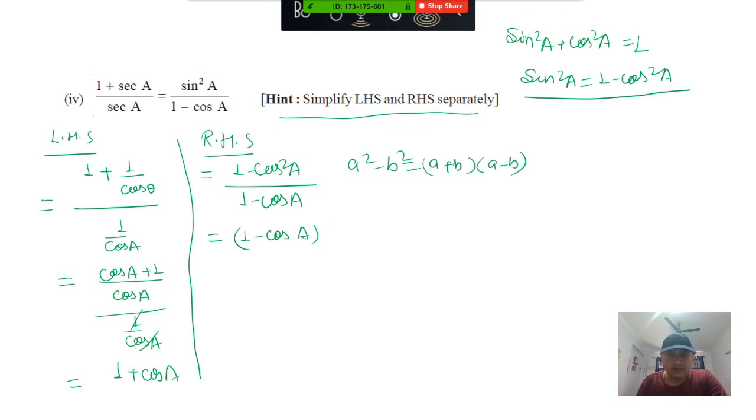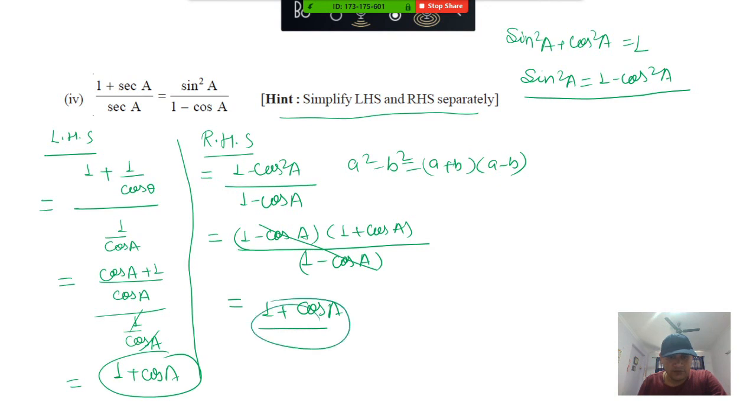So 1 minus cos a, 1 plus cos a. Here a is 1 and b is cos a, and in the denominator we have 1 minus cos a. 1 minus cos a gets cancelled, and the result is 1 plus cos a. That's what we have got in the left hand side here. So that's how LHS is equal to RHS.